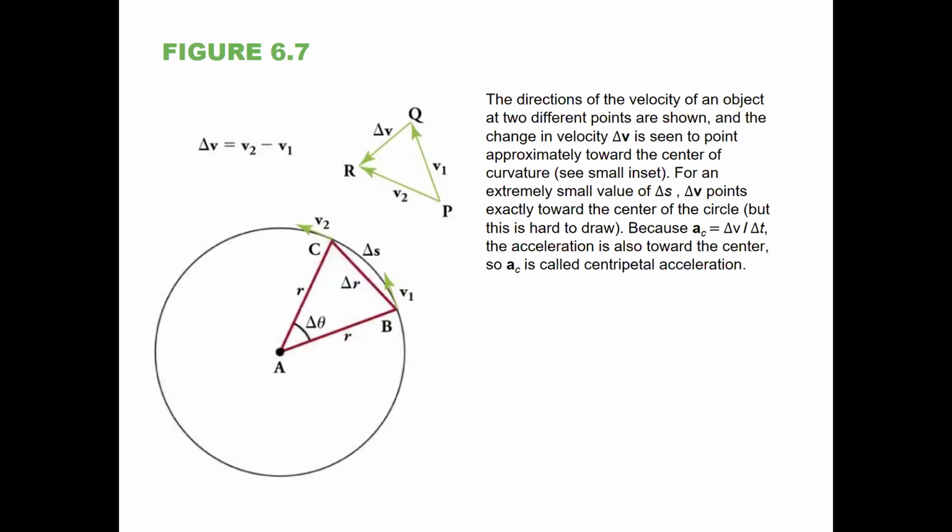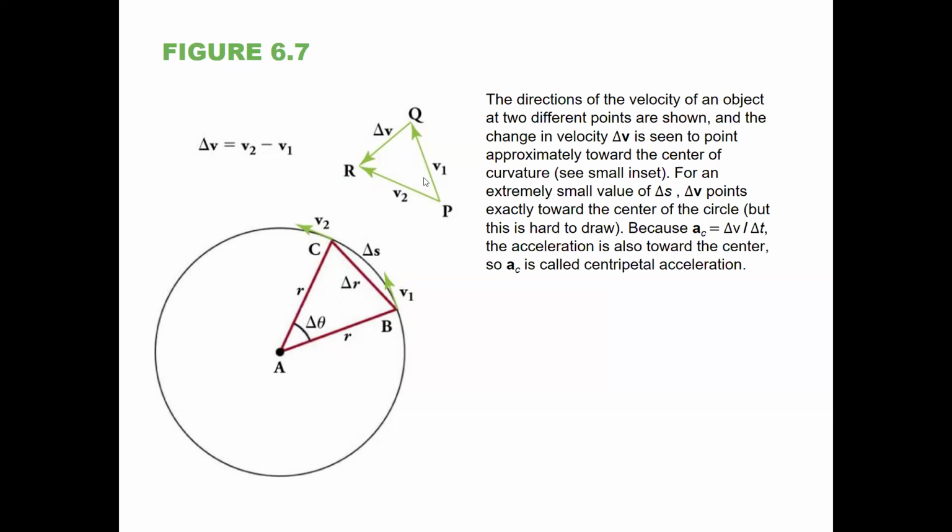The change in velocity, known as delta V, is seen to point approximately toward the center of the curvature. For an extremely small value, known as delta S, delta V points exactly toward the center of the circle.